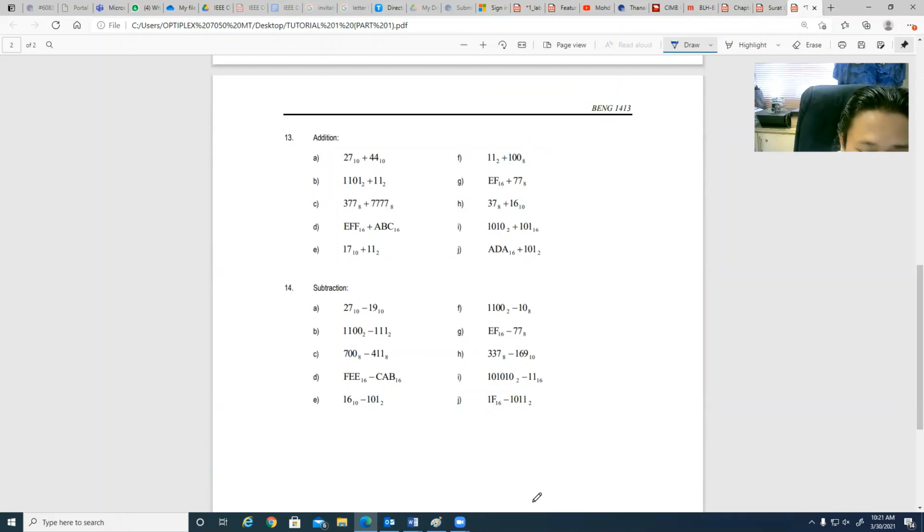For example, 27 plus 44, and then another example, 11. Okay, this is the same. You can straightforward add.